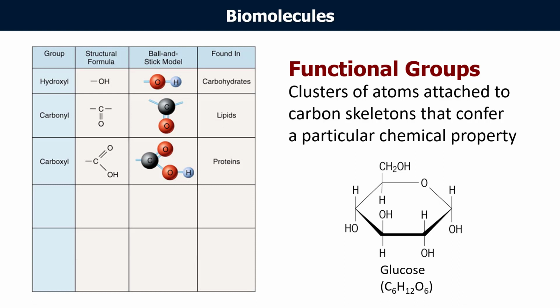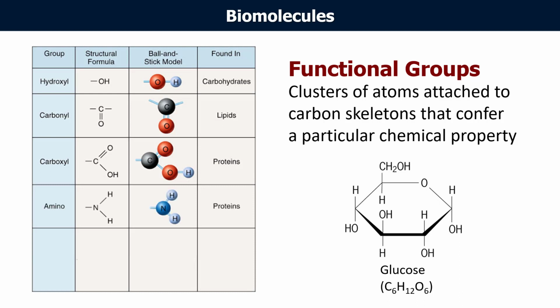So it's almost like you're putting the first two functional groups together to create a new functional group called the carboxyl group. This is one that we're going to see very commonly in proteins, and although I'm not writing it up here on the slide, it's important to know that the carboxyl group makes a substance an acid. So we'll see examples of this later, but it might be important to note that carboxyl groups make things acids.